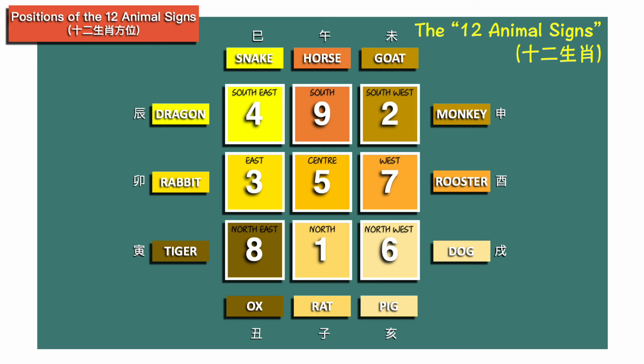Here are the 12 animal signs, spread across the 9 squares. There is one animal sign at each cardinal or primary positions of the north, the south, the east, and the west. However, for positions of the northeast, the southeast, the northwest, and the southwest, there will be 2 animal signs within each square.